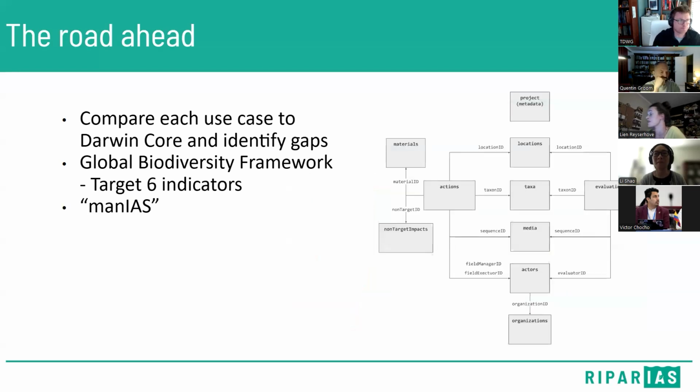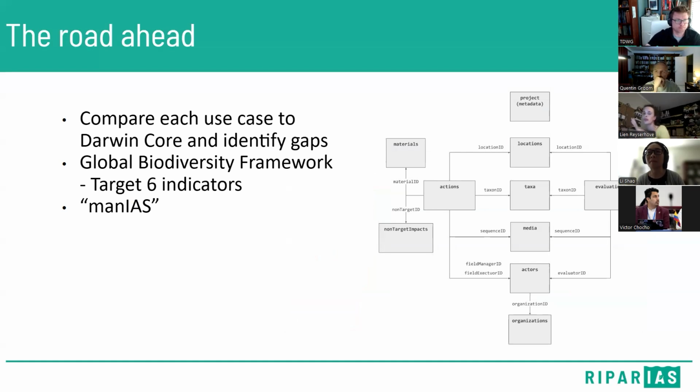And then there's what we call MAMIAS. It's the invasive alien species management data, well, preliminary data exchange format we already made in our team. So we already had an idea of how a data exchange format for invasive alien species would look. It's published on GitHub.